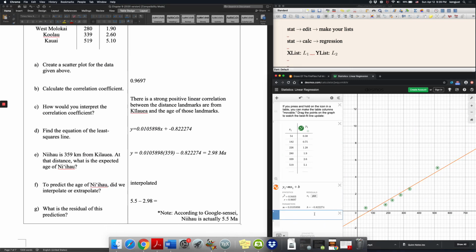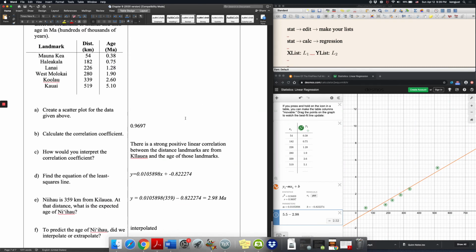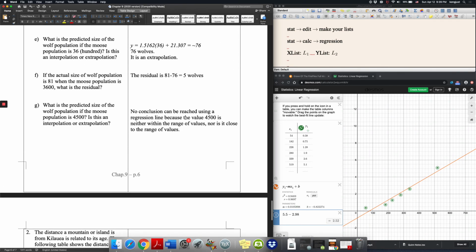So let's calculate that. 5.5 minus 2.98, which is 2.52. So we were way off in the prediction. Okay, so there it is. 5.5 minus 2.98 is 2.52 MA. That's the residual. I feel like, did I put the right order here? Let me just double check.